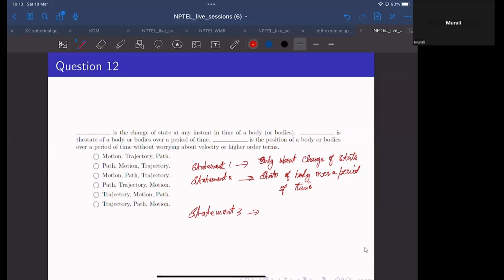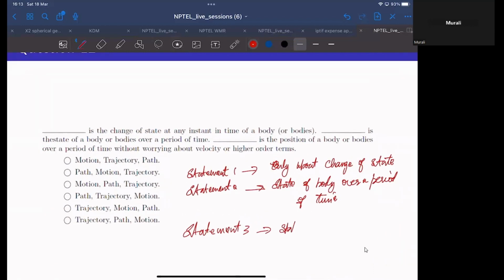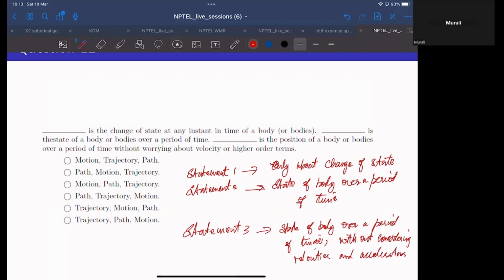So we are not worrying about velocities and accelerations. If you take a look at this answer, the correct answer would be a combination of motion, trajectory, and path.